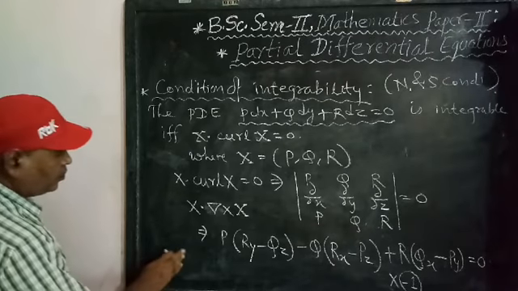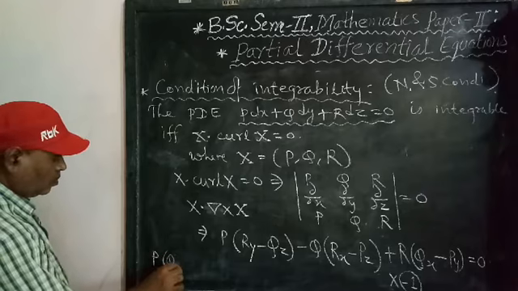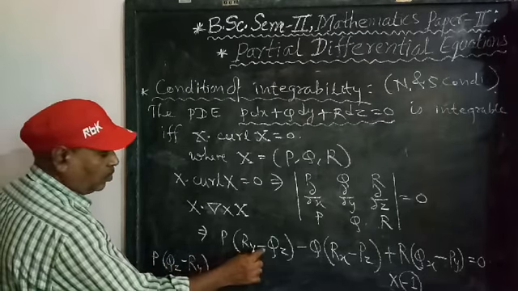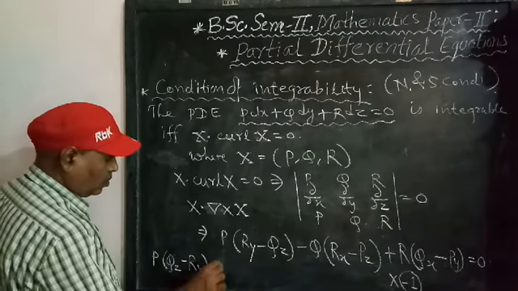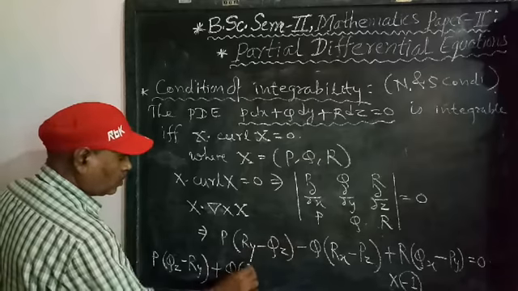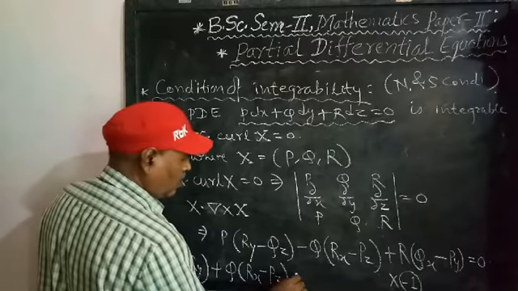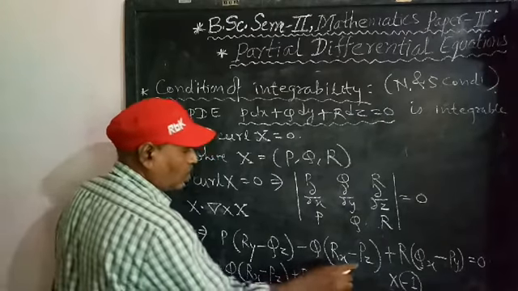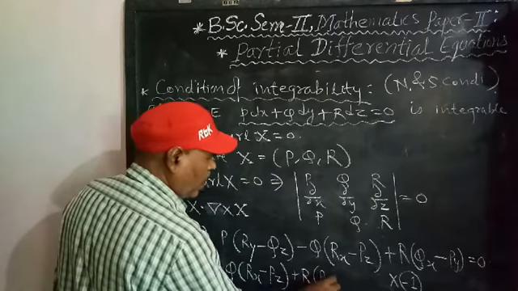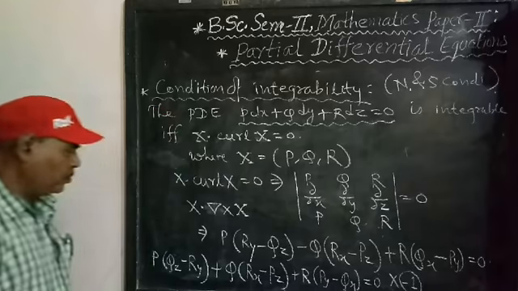Therefore, we have P into Qz minus Ry, plus Q into Rx minus Pz, plus R into Py minus Qx equal to 0.